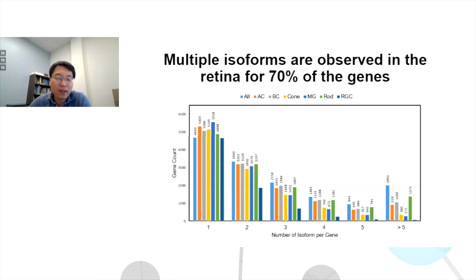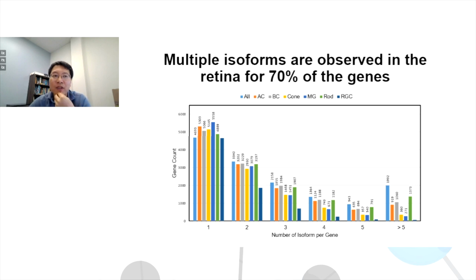So how are those isoforms distributed? I mean, for how many genes do we observe multiple isoforms? The bottom line is the genes where we only observe one isoform in the cell type, and different colors represent different cell classes. But many have 2, 3, 4, 5, or even more. If you add this together, for about 70% of the genes we identify 2 or more isoforms. So most of the genes in our genome do have alternative splicing, and that's actually known, right?